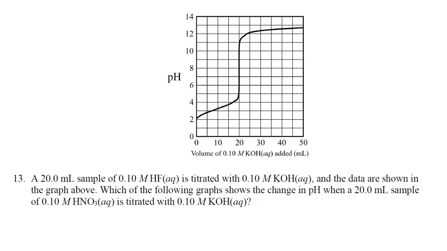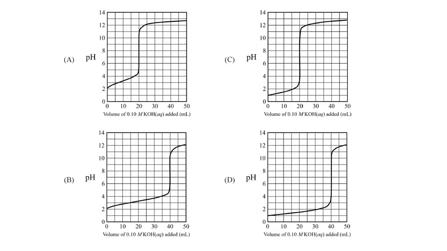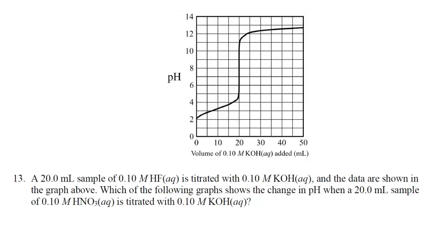Now here comes the question: which of the following graphs, so we have 4 graphs to analyze and consider, shows the change in pH when a 20.0 milliliter sample of not hydrofluoric acid, but a different acid, 0.10 molar nitric acid, is titrated with 0.10 molar potassium hydroxide.